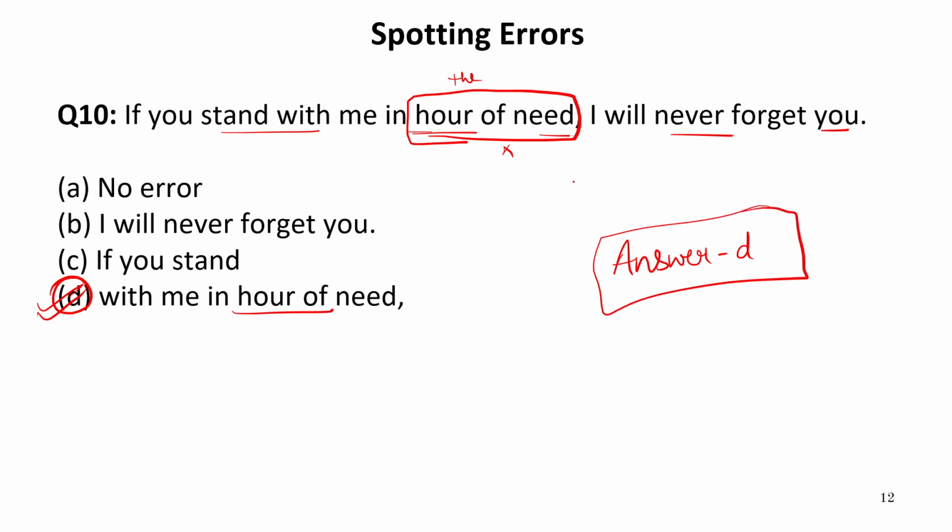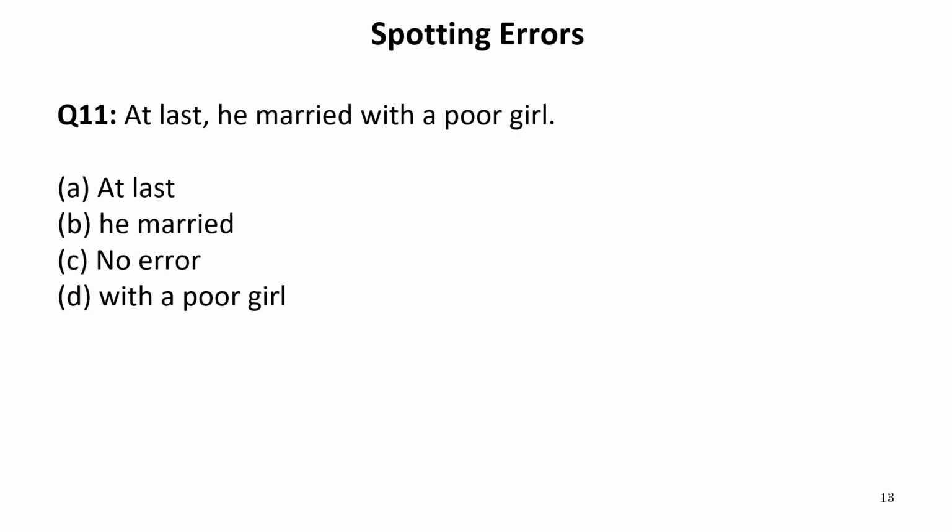Now let us move to the next one. At last, he married with a poor girl. Now, "married" is a transitive verb over here which needs an object. After transitive verbs, we do not use any preposition.